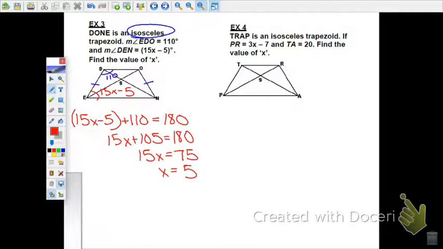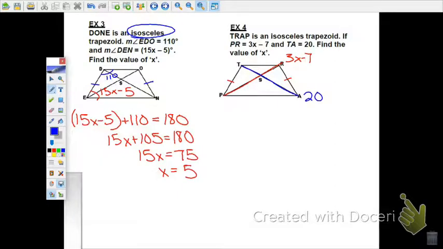Example 4 says TRAP is an isosceles trapezoid. So again, I know I have parallel sides, and then I have the other two sides that are the same length, congruent. If PR is 3x minus 7, and TA is 20.